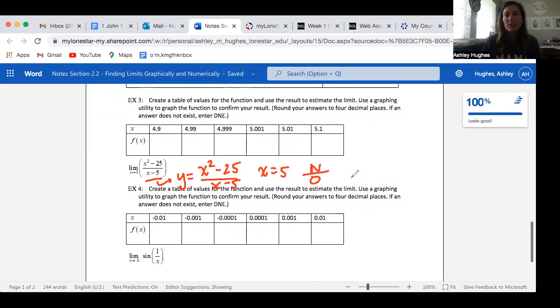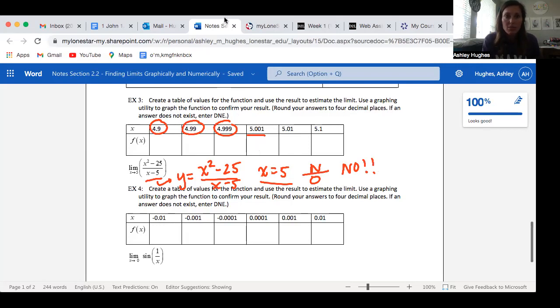You're going to have a number over 0, and that means it doesn't exist. So you cannot plug in 5, but what you can plug in is things that are getting closer and closer to 5 from below or above.